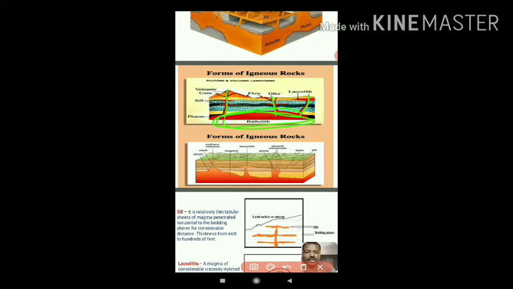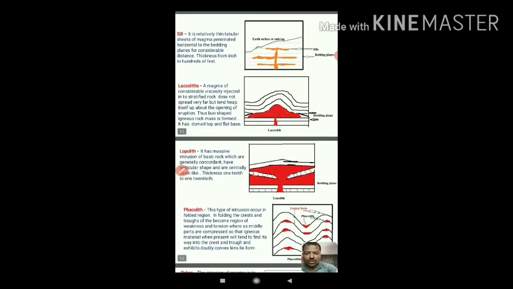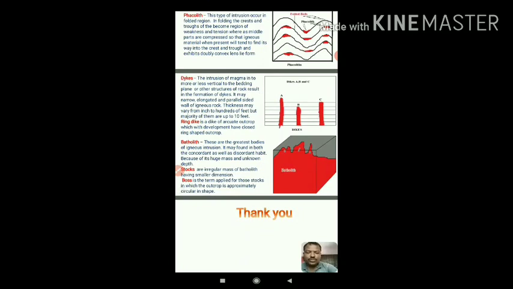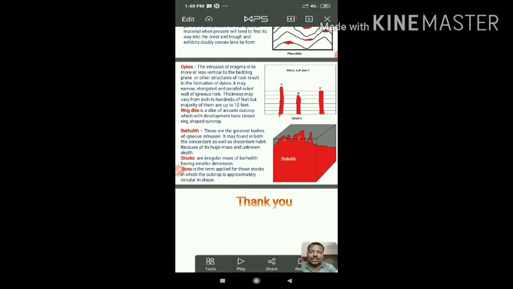Now you can see this figure also. This is the batholith, which lies at a great depth below the earth's surface. In the last lecture we saw all the concordant forms. Here we see the dikes. What is a dike?